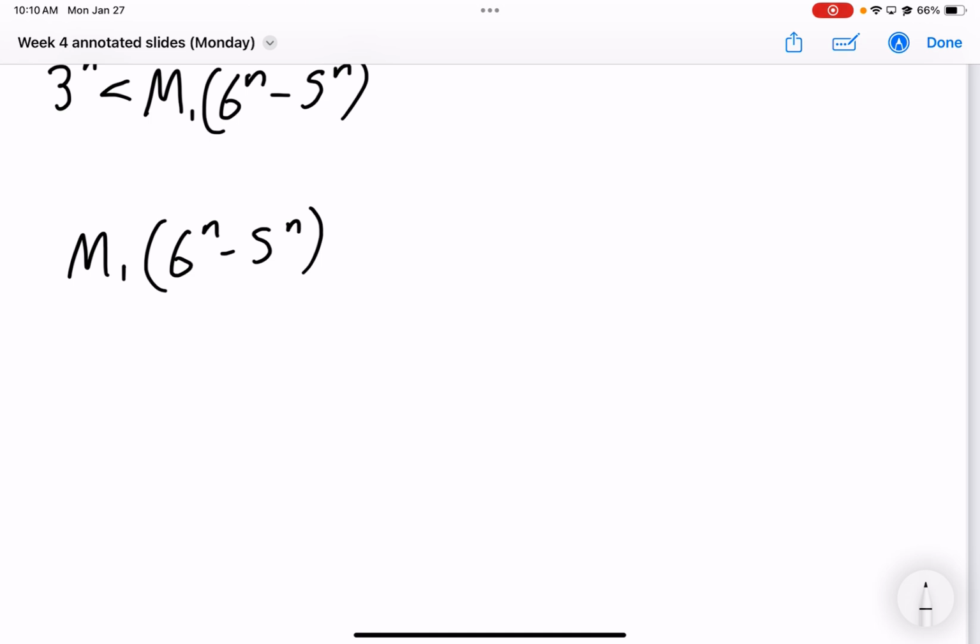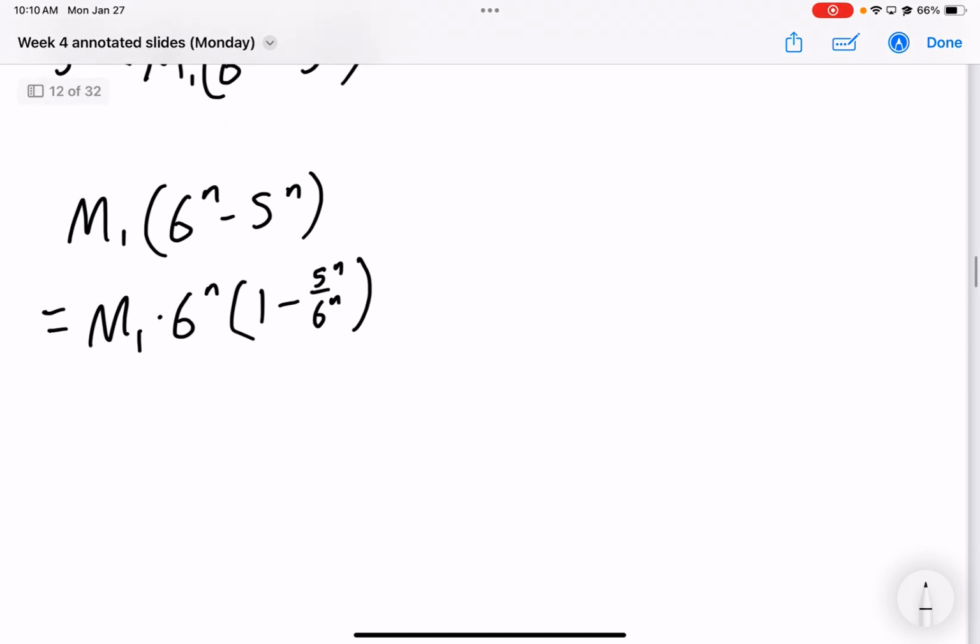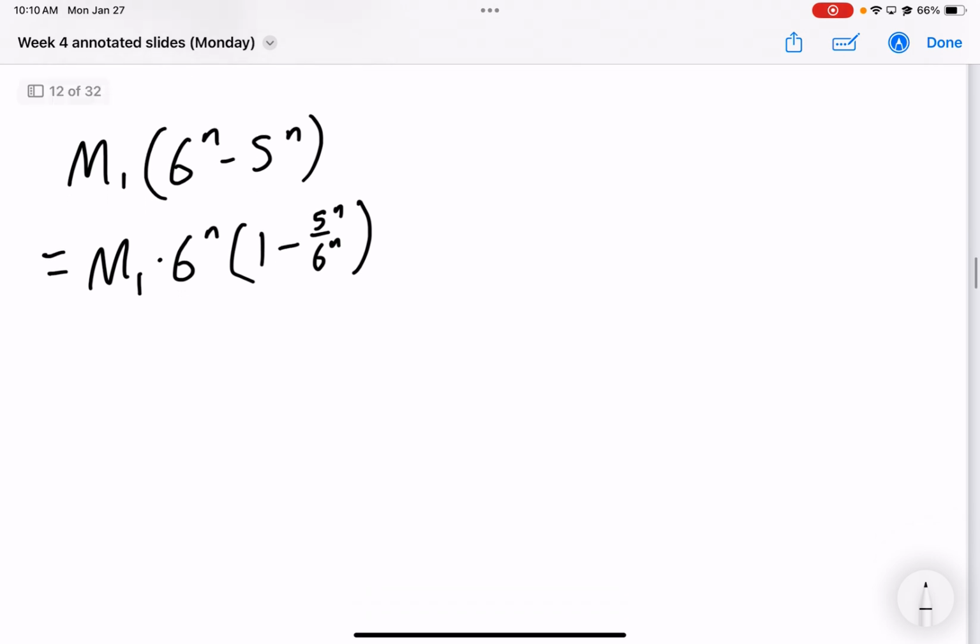Still works. So we factored out 6 to the n, and we have that. We're going to simplify a little bit.